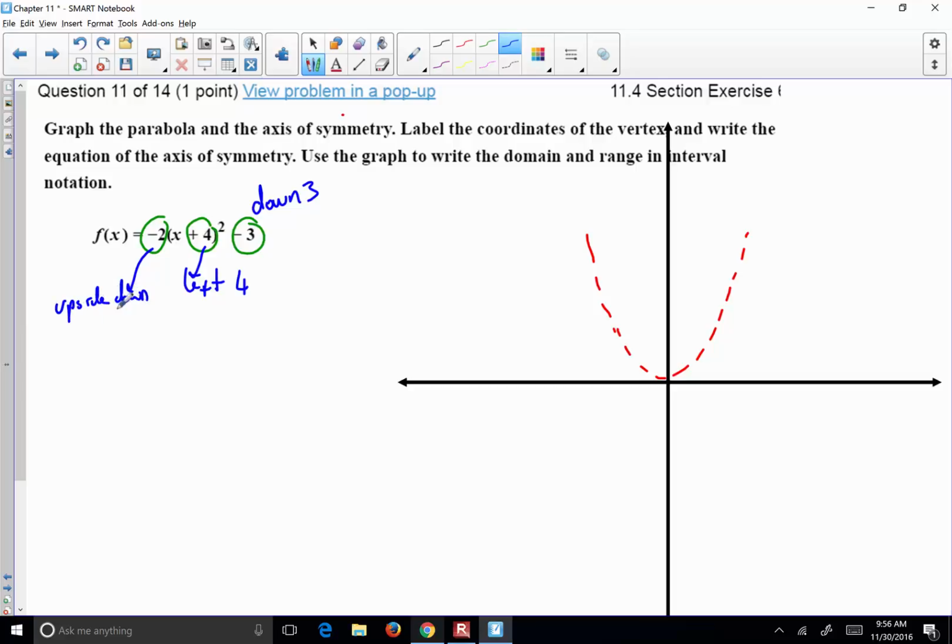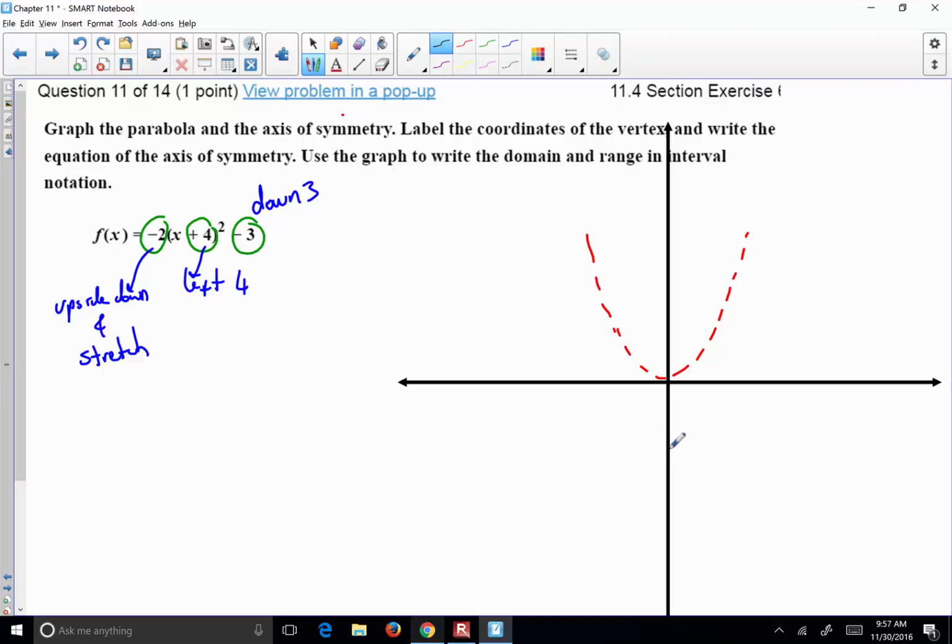What else? And shrink or stretch? Stretch. It will get skinny, because you're doubling it, it's going to be steeper, a steep angle, okay? Sharp. Alright, let's do what I said to this graph.